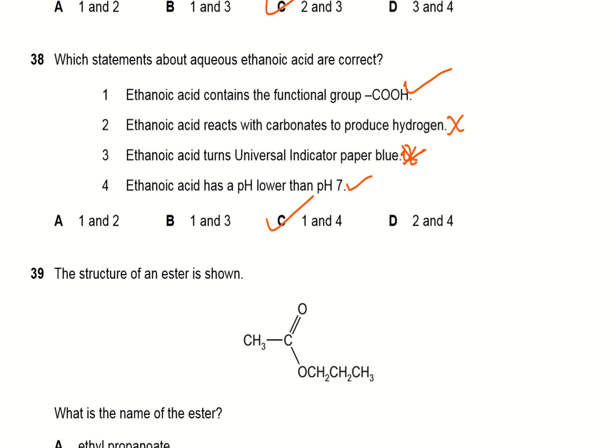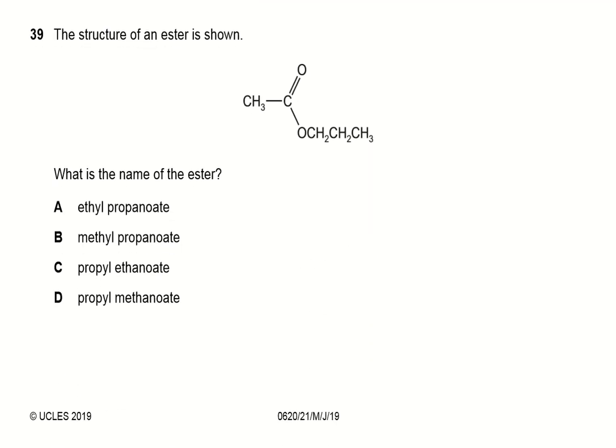Question 39. What is the name of the ester? To name an ester, you have to start from this side, not from that side. This side is the side that carries the double bond. You start from there. See, you have R1, double bond, OR.